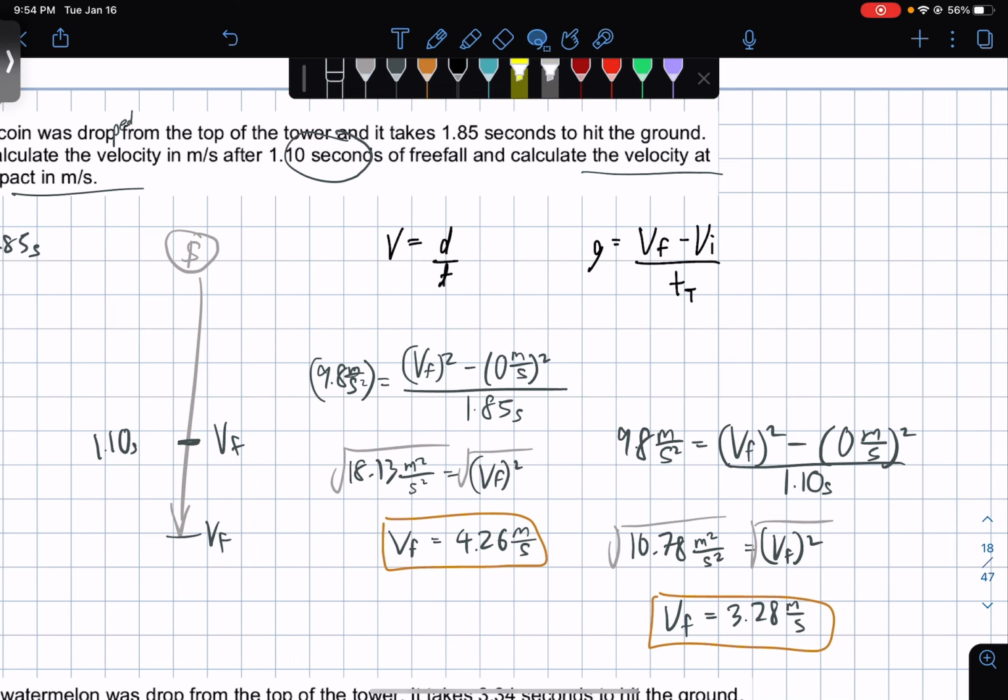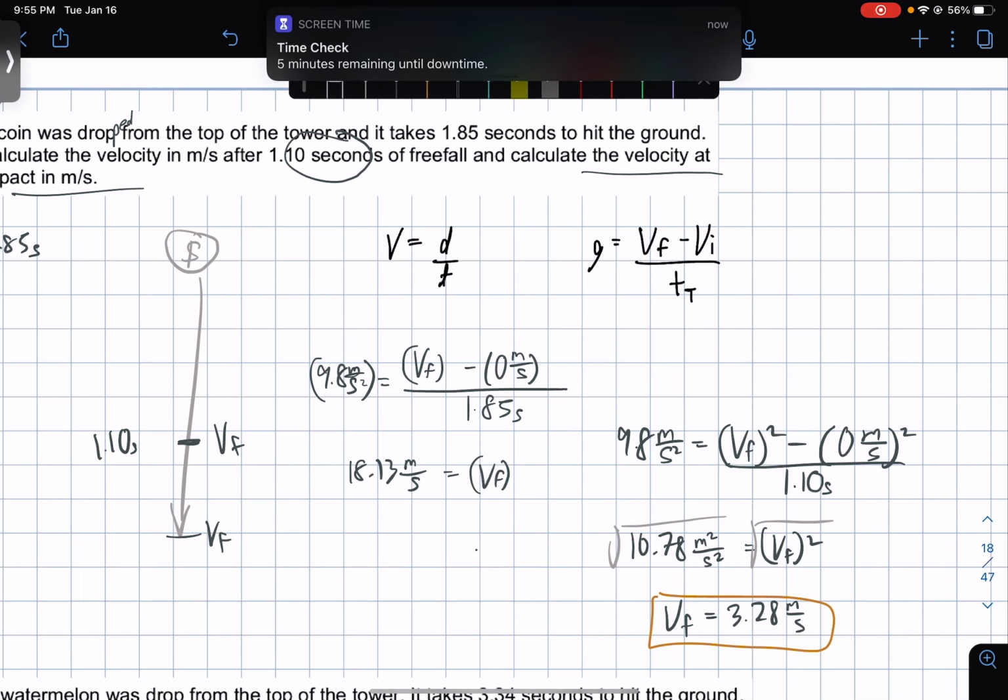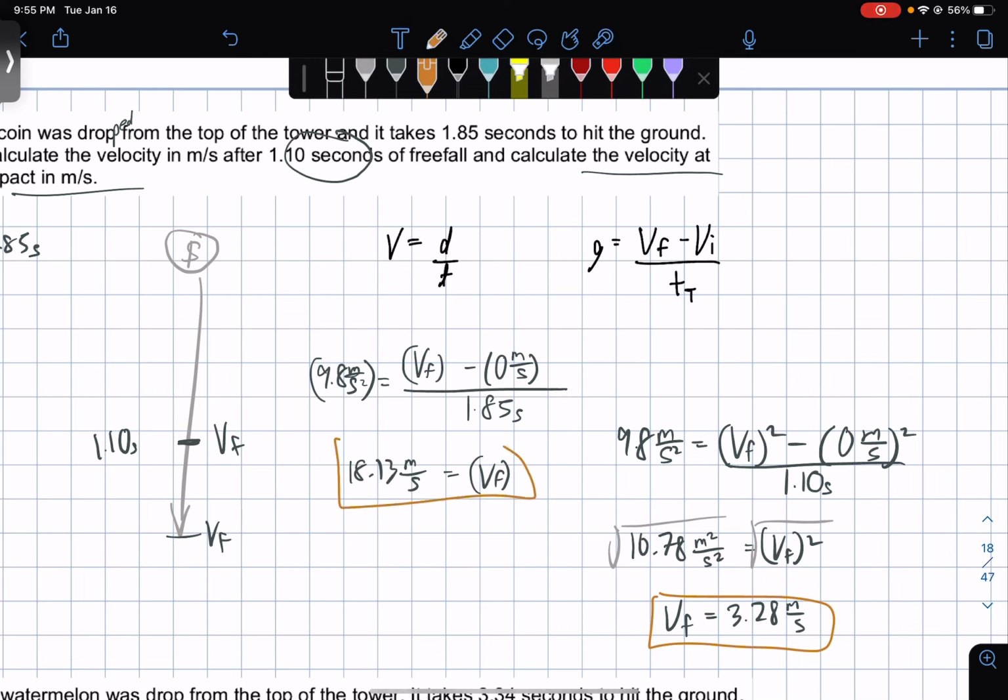Well, not exactly all over again, you just remove the raised to 2. So 1.85 times 9.8 is going to be 18.13. The seconds will cancel out. And yeah, this is the final answer.